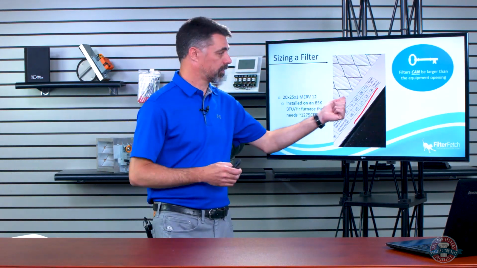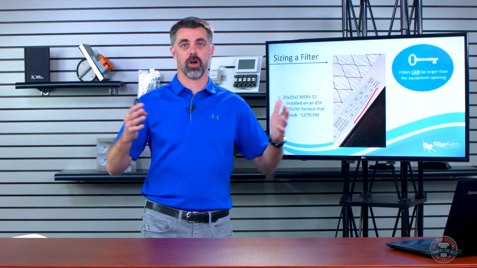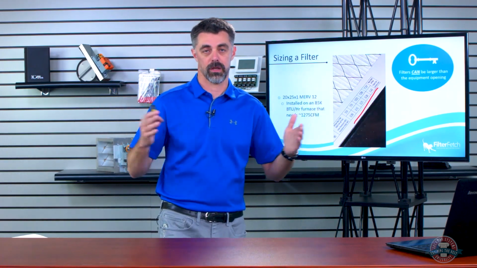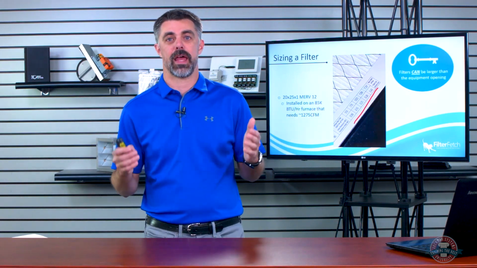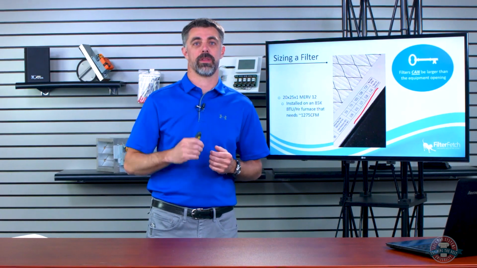So in this, if we need more airflow, we need a bigger filter. We need a larger size, right? So this is where I go back to that. The air filter typically should not be sized for the opening on the equipment. I am immediately suspicious if I walk up to a piece of equipment and I see that the air filter is sized by the opening on the equipment.